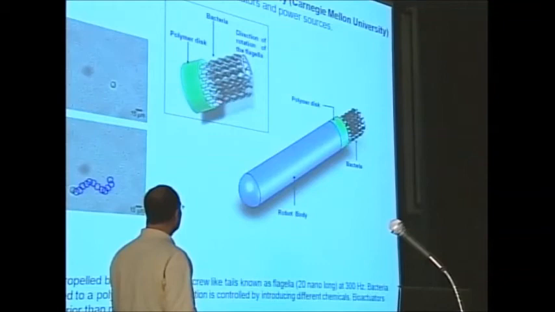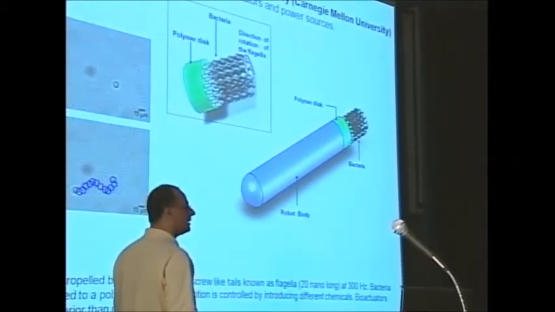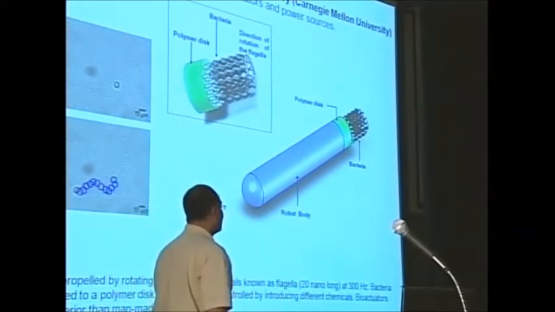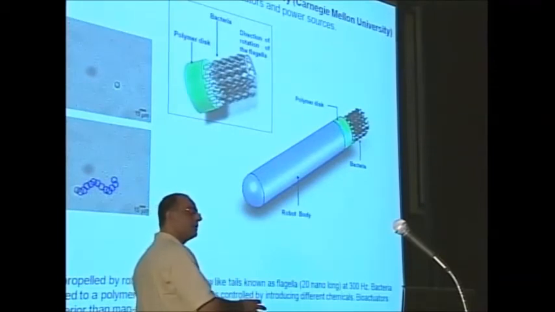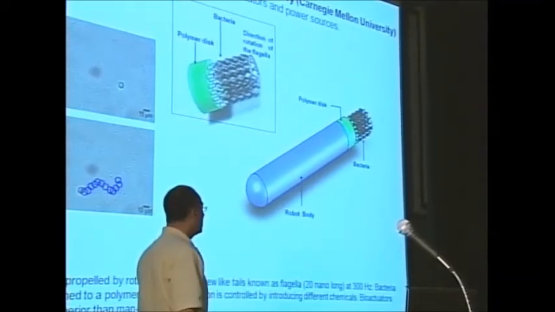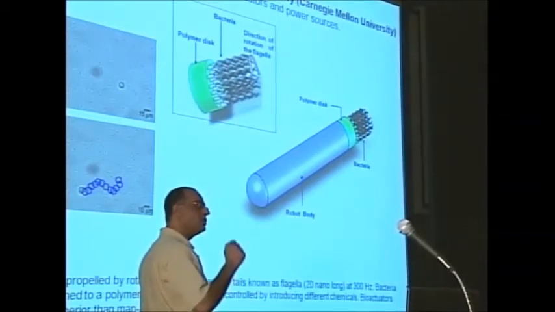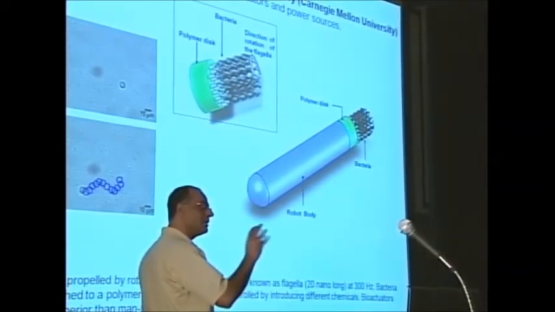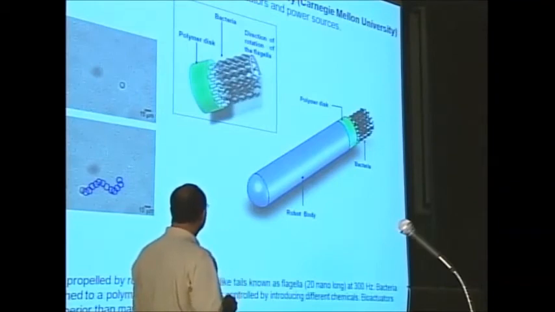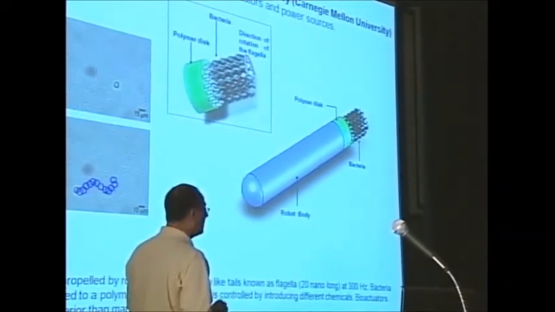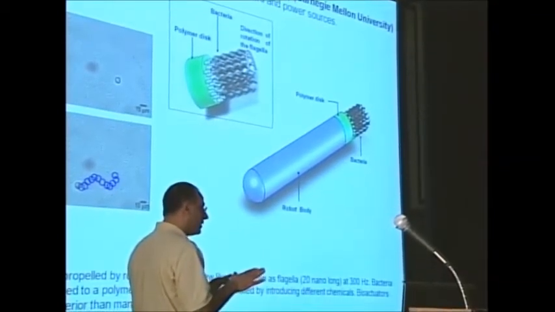So if you have a bunch of those bacteria, as soon as you attach them here, the bacteria start to move, and they can actually push this robot to different places. Now, you have to have some means to turn them off and on. And they do it by injecting some chemicals. By certain chemicals, I guess copper something, they can disable these cork-sized tails, and they become disabled or dormant.